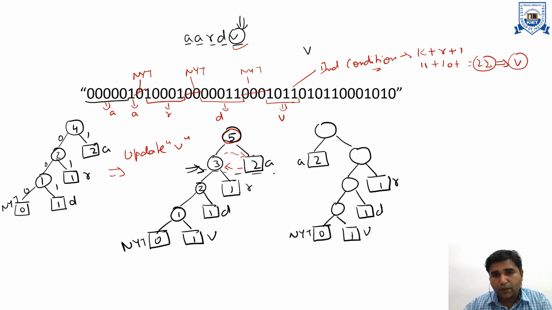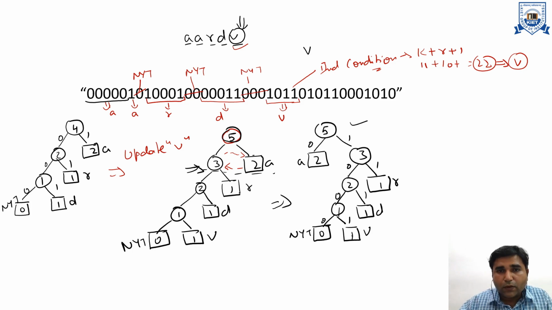So 0 plus 1 is 1, 1 plus 1 is 2, 2 plus 1 is 3, and 3 plus 2 is 5. So putting the values 0, 1, 0, 1, 0, 1. Now this is our updated tree, and it satisfies all the conditions. At this moment 1011 gives us the symbol B.